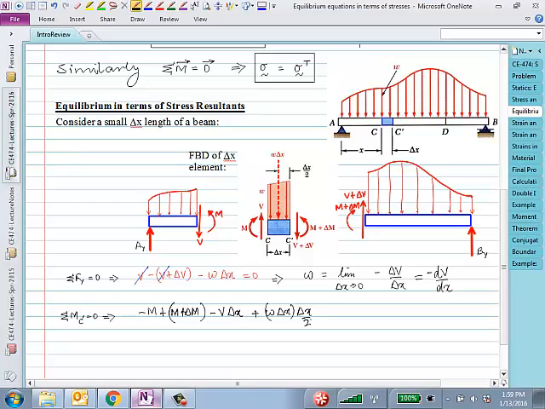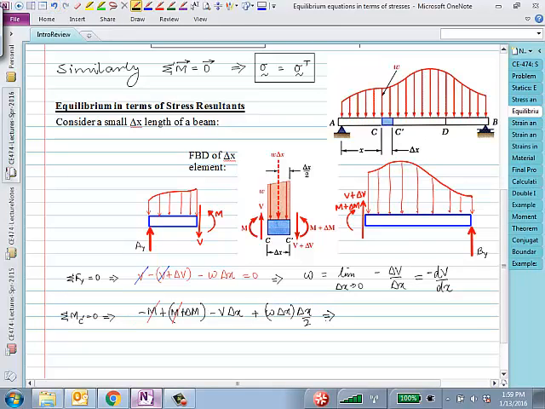So if we apply the same logic that we did on the shear forces, M and M cancel off. And this term, the W term, which has two delta x's in there, delta x times delta x, squared, will drop off to zero as delta x tends to zero.